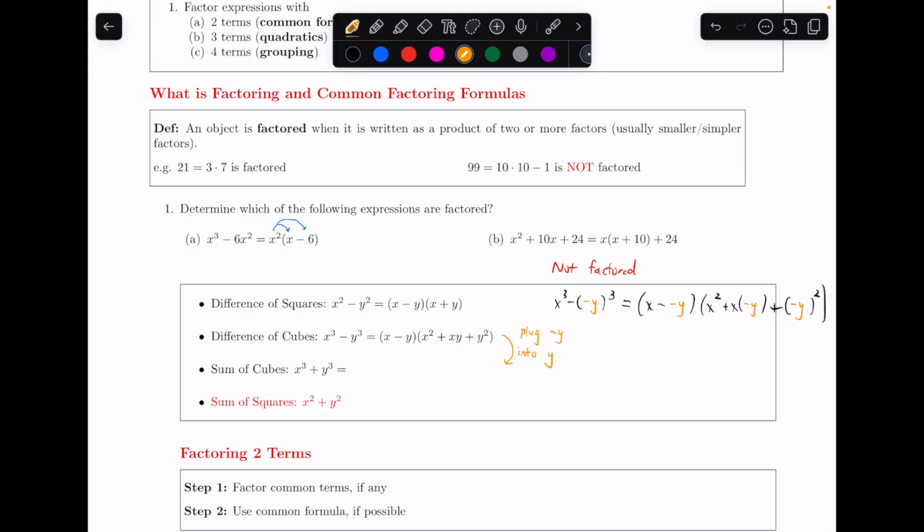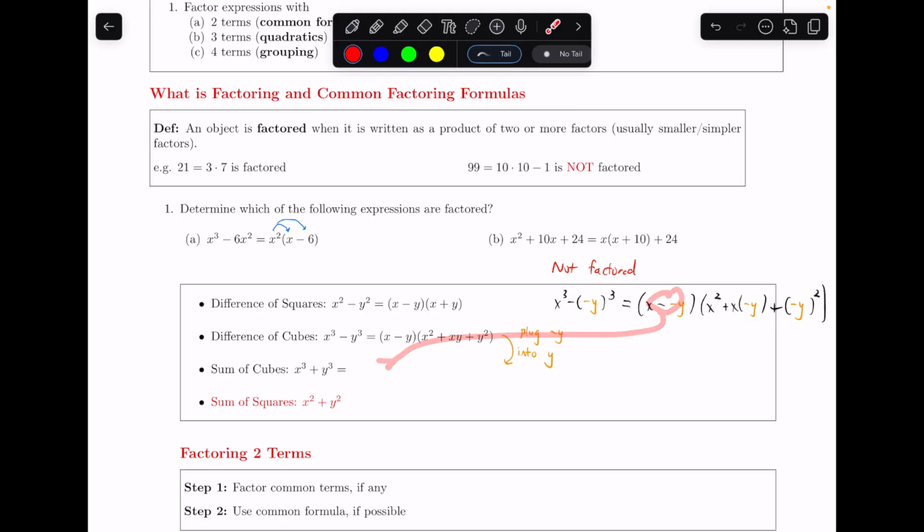So if I were to simplify this, the x minus negative y, that double negative becomes a positive. Oops, sorry, I'm looking at the wrong thing. Let me go back to this. If I do a negative and I cube it, it's going to be negative. And this other negative now makes it positive. So this whole thing will give me a positive. On the right-hand side, this double negative also gives me a positive.